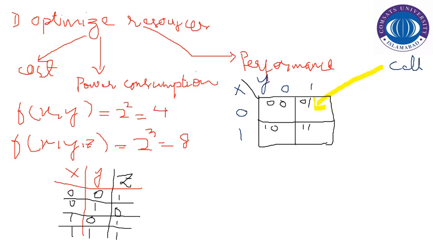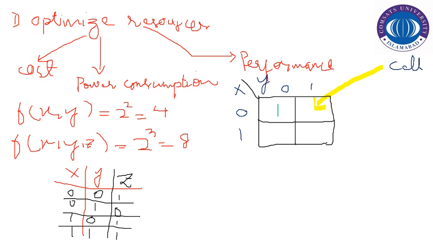So either we can place our min terms in these cells, or we can place our max terms in these cells. What we have to do first is place the response of the system in the respective cells. So for x equals 0, y equals 0, the output z is 1, so we'll write 1 here.